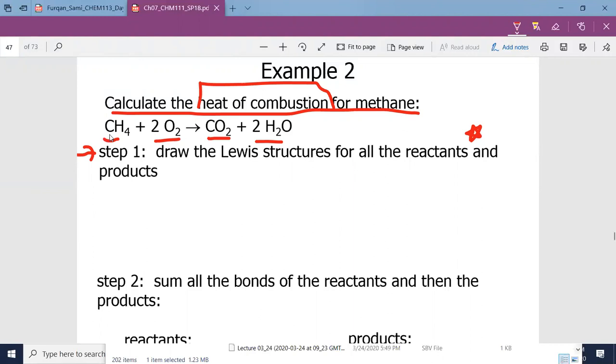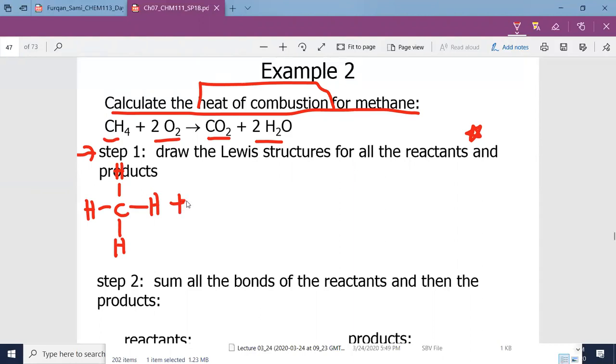So if I draw the Lewis structure for CH4, that's going to look like this: CH4. It means how many C-H bonds are there? 4 C-H bonds are there. If I look at oxygen, I already know the structure of oxygen.